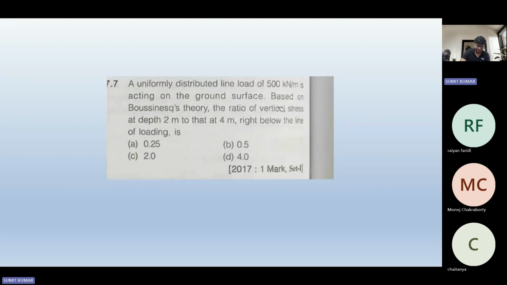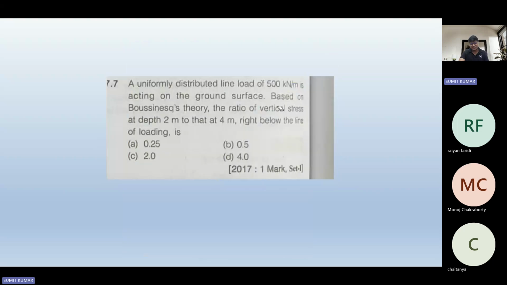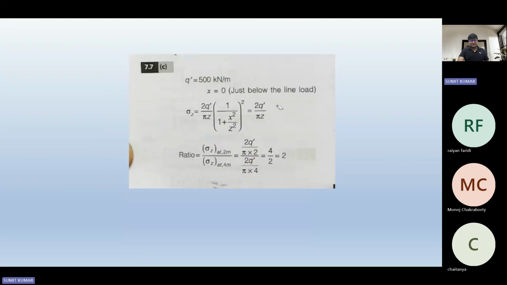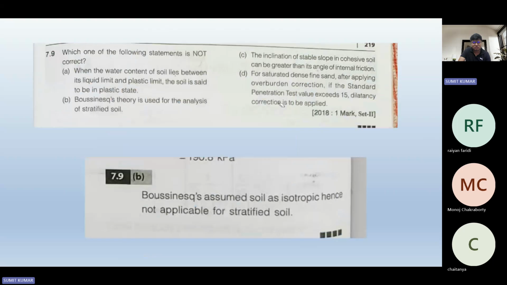Sorry, option C. And the solution is also mentioned over here. You could see that, basically, line load is there. For line load, a different relation is used. So these problems you could solve by yourself. The solution is also mentioned for all the problems.